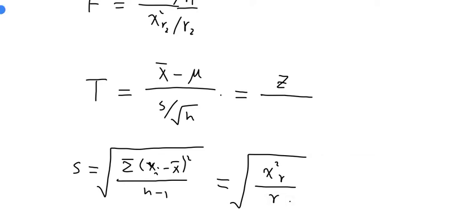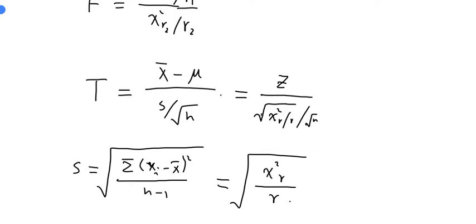So this one is just like a Z, over, roughly, the square root of a chi-square distribution over n. Here the n is just the standardization for xi, x bar, right?